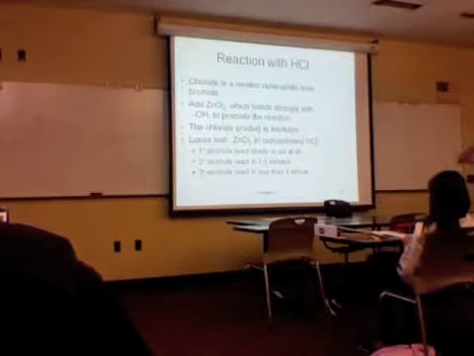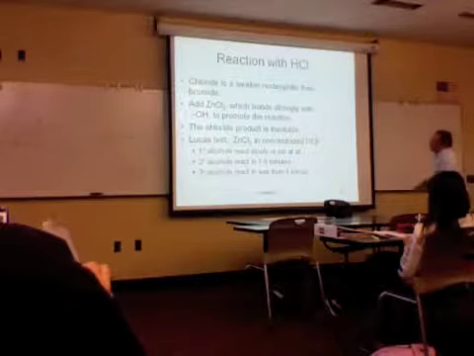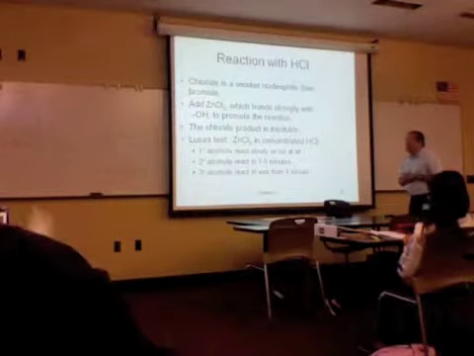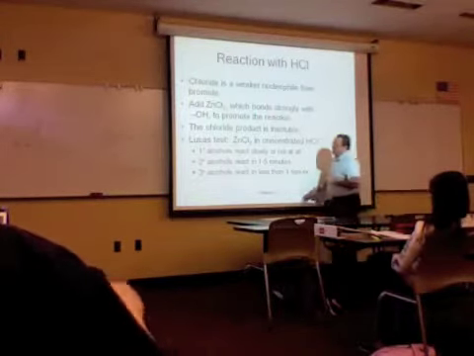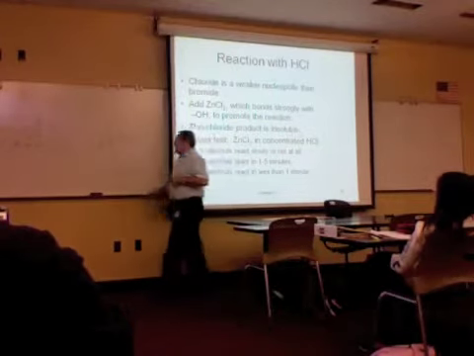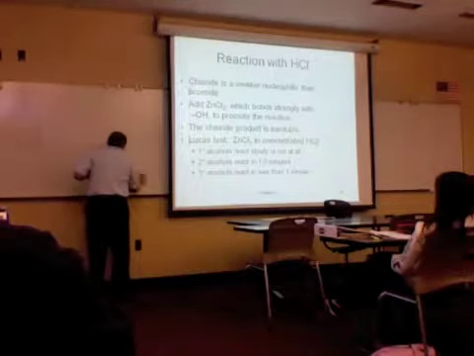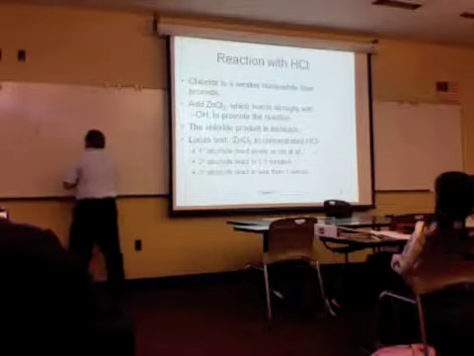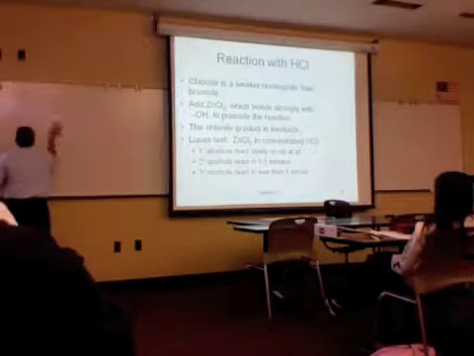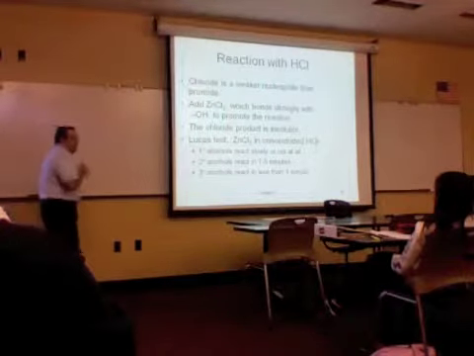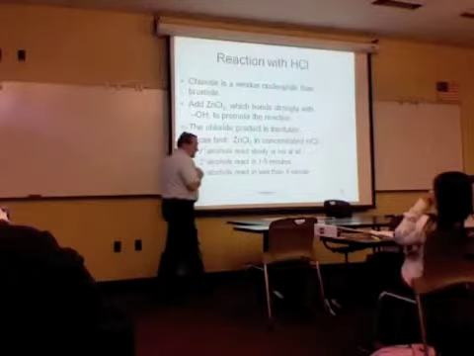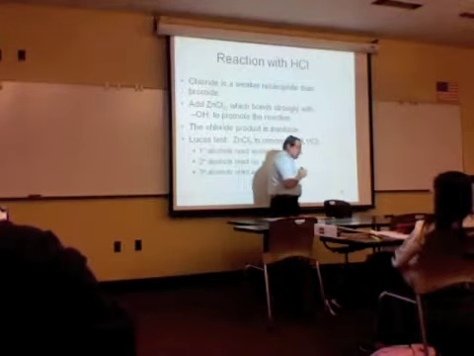Reaction with HCl. Chloride is a weaker nucleophile than bromide, and so one thing we do is we put the chloride in the form of zinc chloride. So this is similar, but zinc is a transition metal. You can find that on the periodic table if you don't trust me.